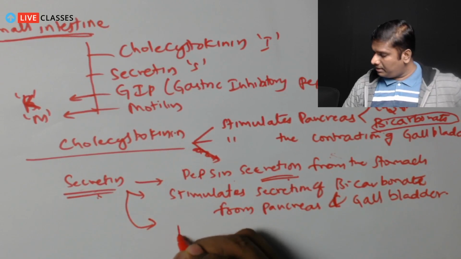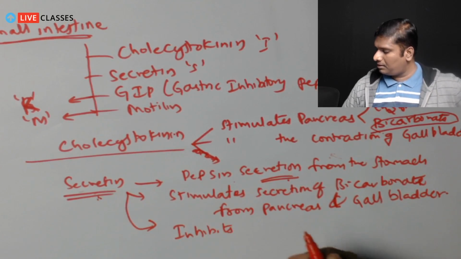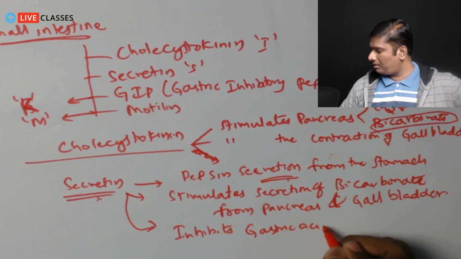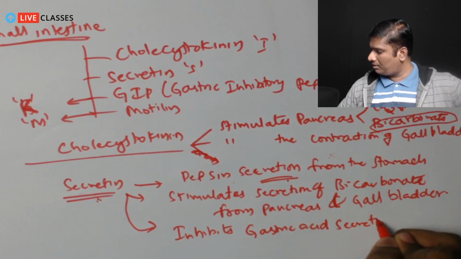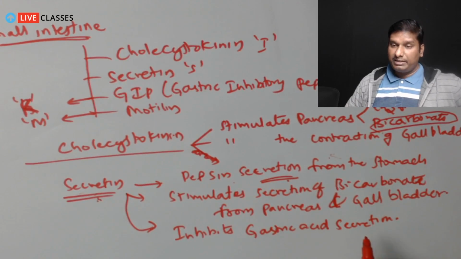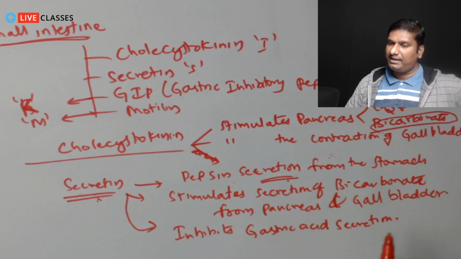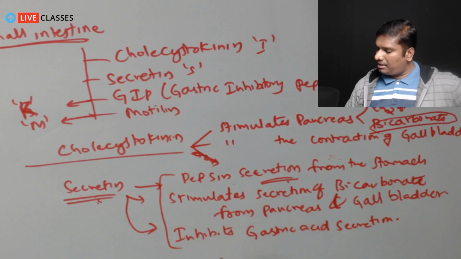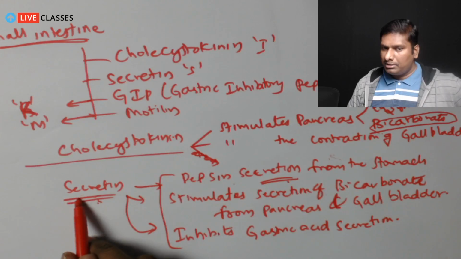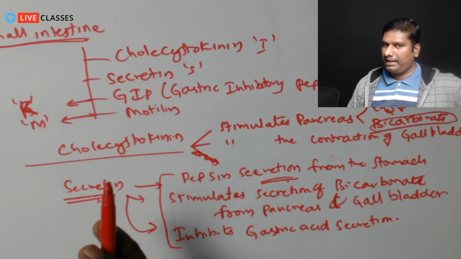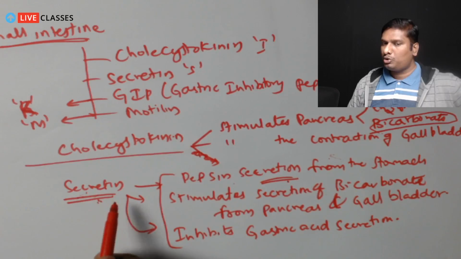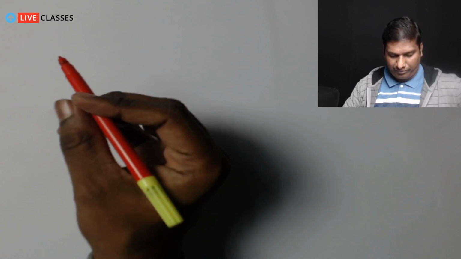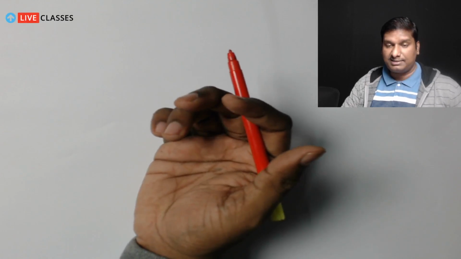The final thing is it inhibits the gastric acid secretion. Gastric acid is released by your stomach. So it does all these things, though it is released by the small intestine S cells; through the blood it reaches the stomach, and there it shows all these effects. The stomach, and of course the pancreas and gallbladder as well.